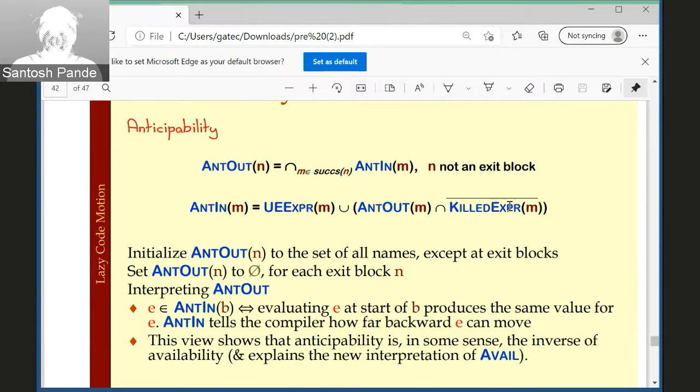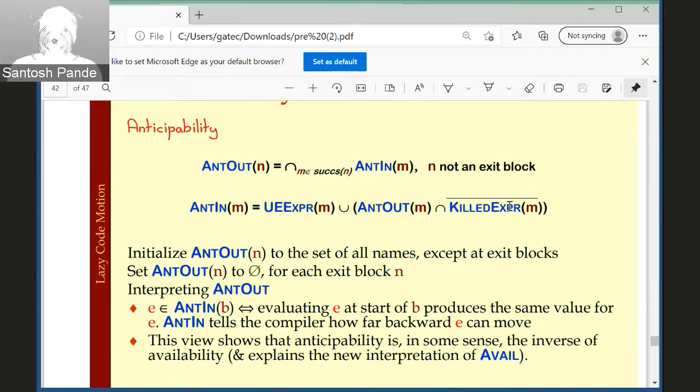Now going further backward to the predecessor of a given basic block, the expression is anticipatable from the successors only if it was anticipatable in each one of the successors. If it was not anticipated in one of the successors, it will not be anticipated in the predecessor's output. Why?